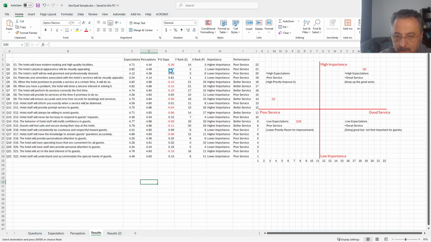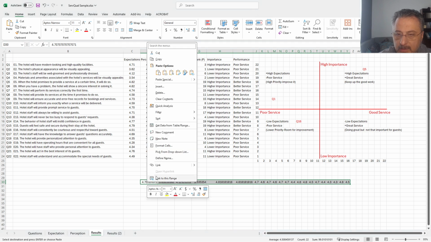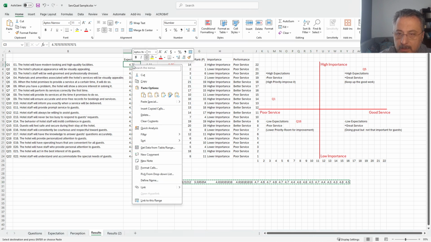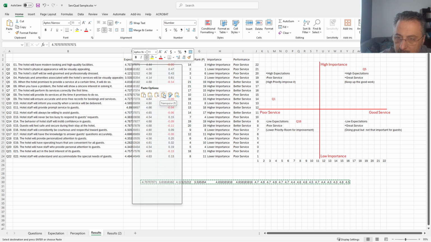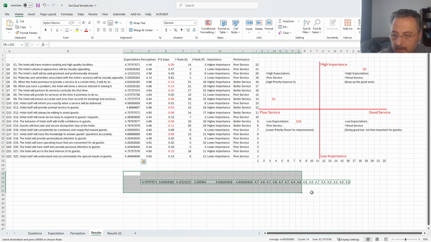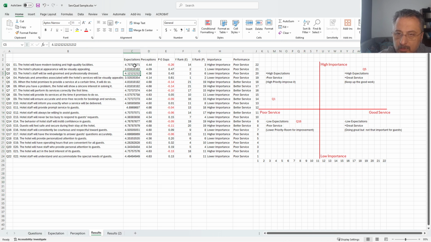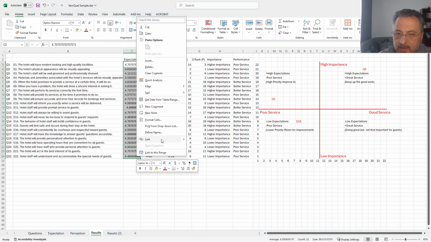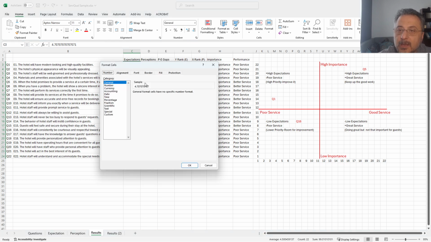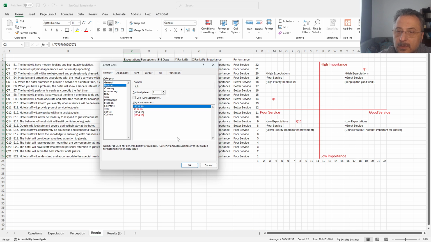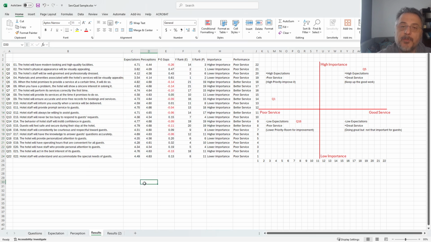Initially you need to do this, then you copy again, and you come here and turn it around, right? Basically transpose. Now, of course, to make it look nicer, what I did after that was make it a number with 2 decimal places. Now we know the expectations, we know the perception averages of each question.